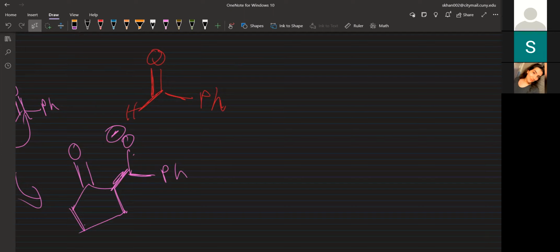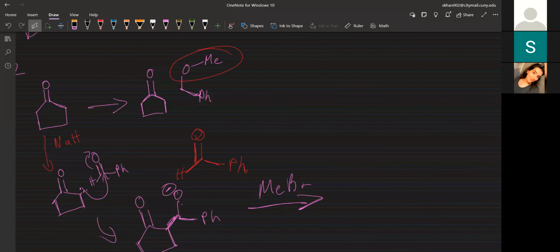So what you could do is quench it with an alkyl halide, in this case something like methyl bromide. So we'll just use methyl bromide, and this is just a simple SN2. It attacks the methyl, kicks off your Br, and you get your final product, which is over here.